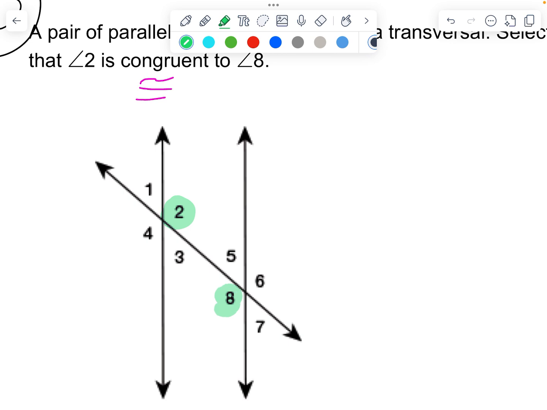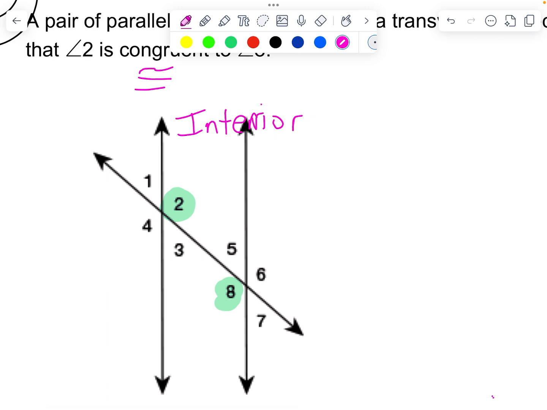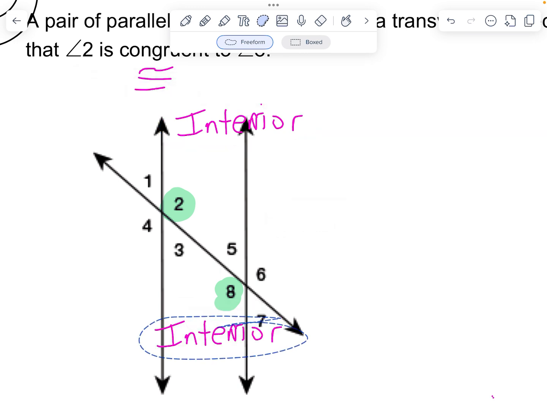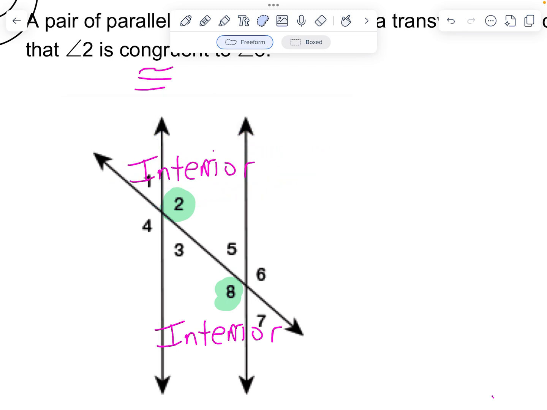Well, look at this, angle 2 is on the interior. Interior, I probably spelled it wrong. I think it's 2 R's. Okay, double R. Interior. And this one, I'm going to save the time. Copy, paste, right here. This one's on the interior as well, right? And let's move this down. So angle 2 is on the interior, and angle 8 is on the interior, but they're on opposite sides.